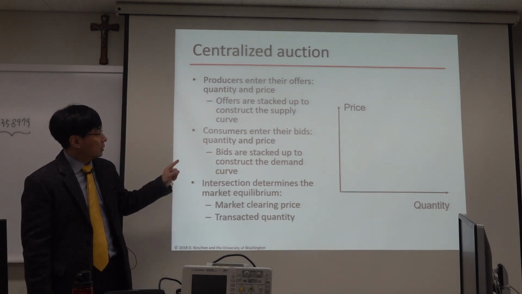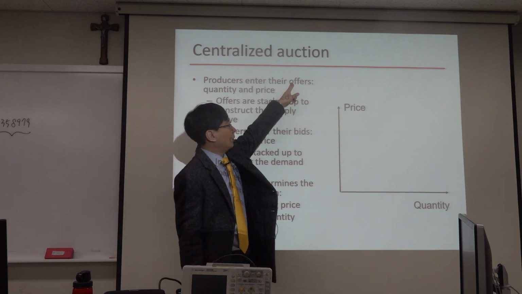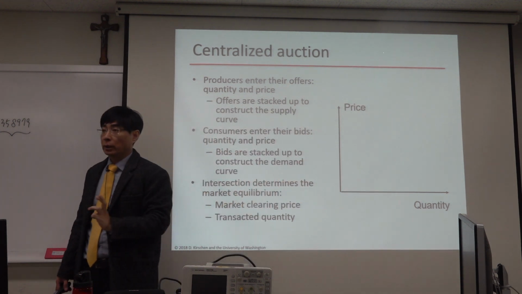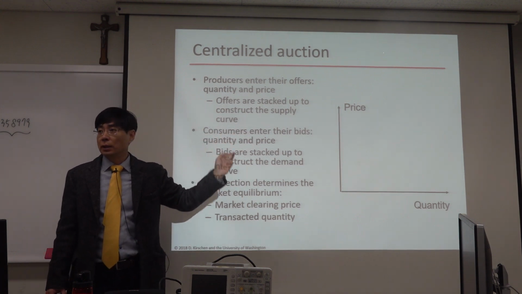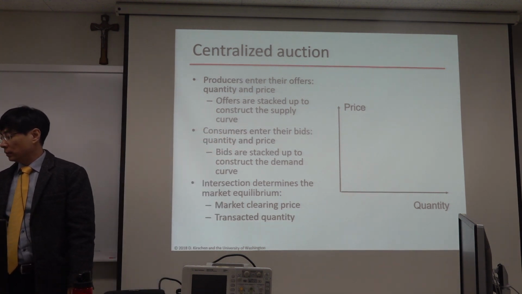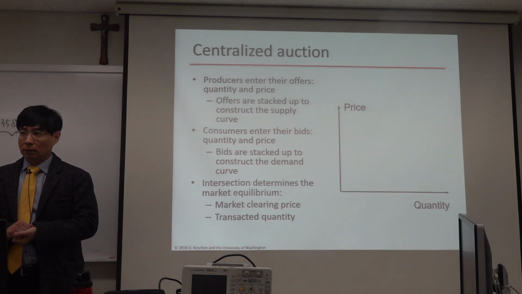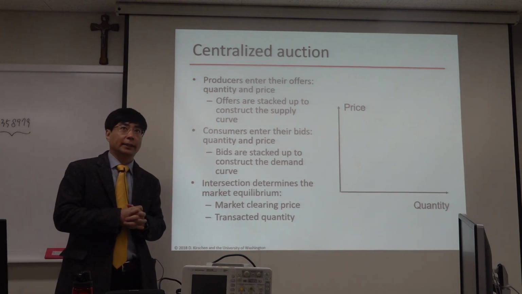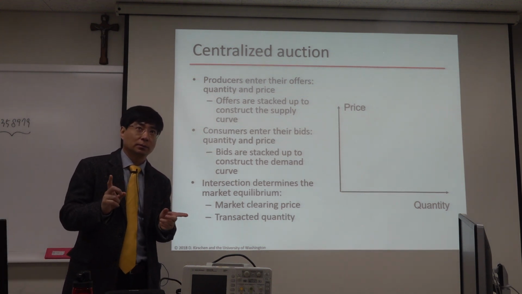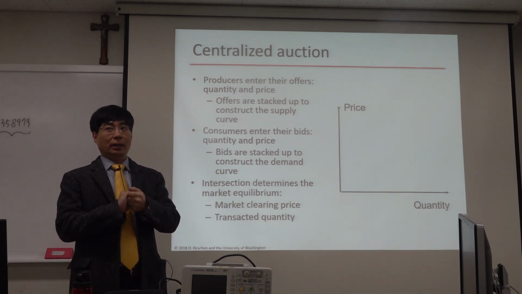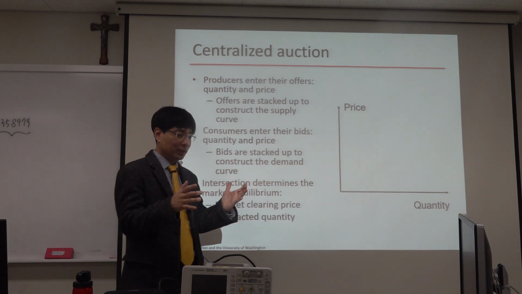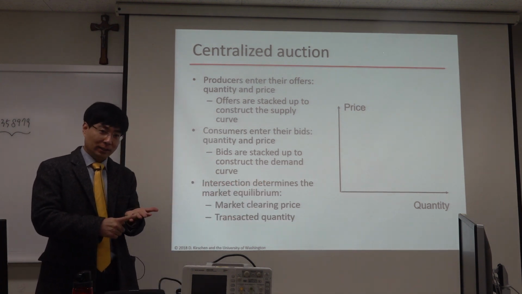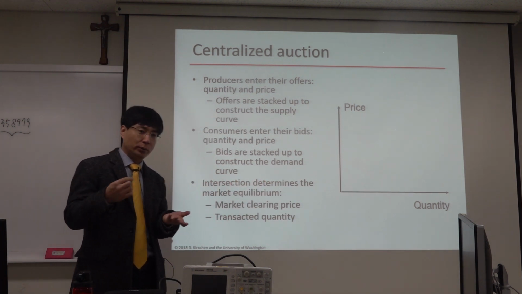So in this textbook, we are using this offer and bid separately. So offer is for producers and bids for consumers. But sometimes we just use bids. For example, the paper that was recently accepted was about the bid strategy of the renewable producers.